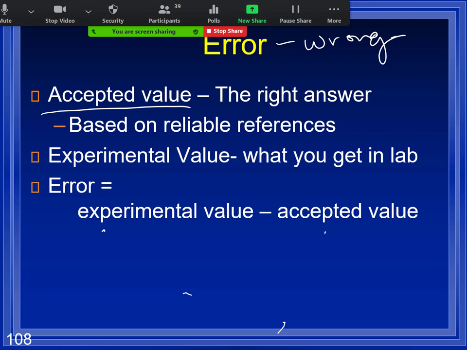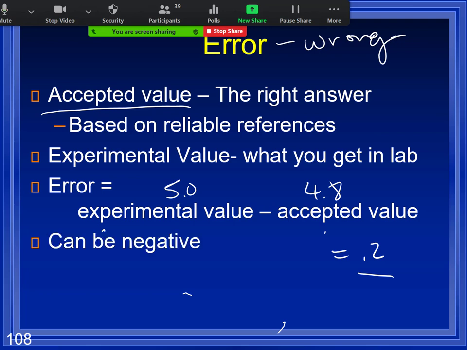Now, if my experimental value was 5.0 and my accepted value was 4.8, I get a value of 0.2. And that tells me I was wrong by 0.2 and that I was too big. Because this can be a negative number. What if I took my 5.0 and subtracted 6.8?